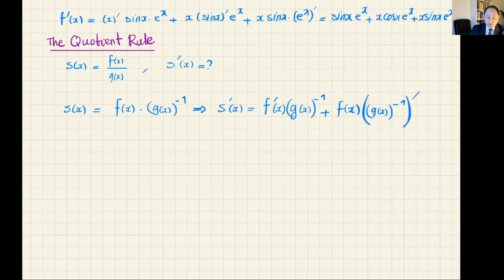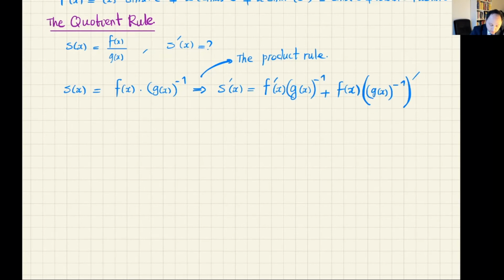This is the product rule, yes? Okay, for the first term, let me write it back into the form of positive powers. So I will bring it back to the denominator, and I will write f prime of x over g of x. It's easier to write in this form. But for the second one, what is your proposal?